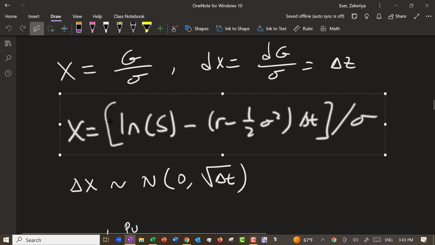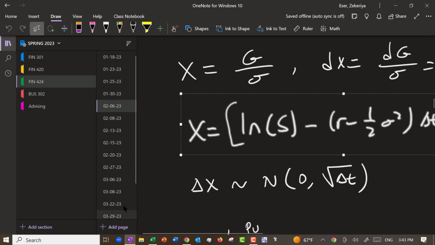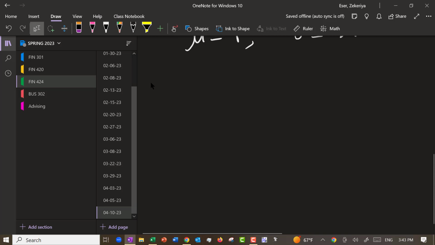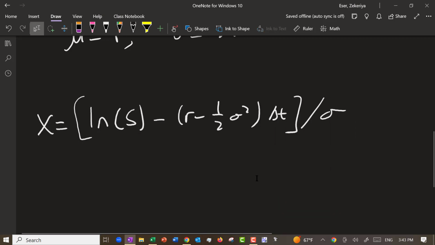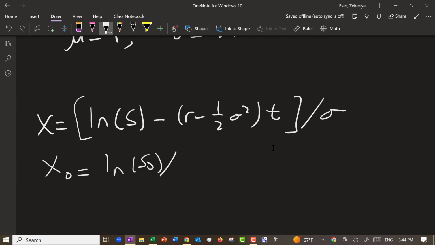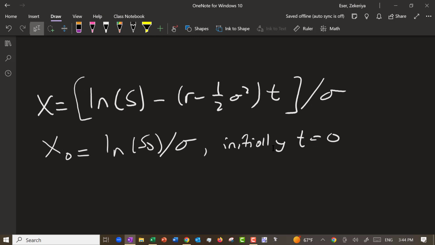Let me copy all of this. Which means initial X essentially is going to be that, because initially T is 0, and once we have the X's, let's call that XT.